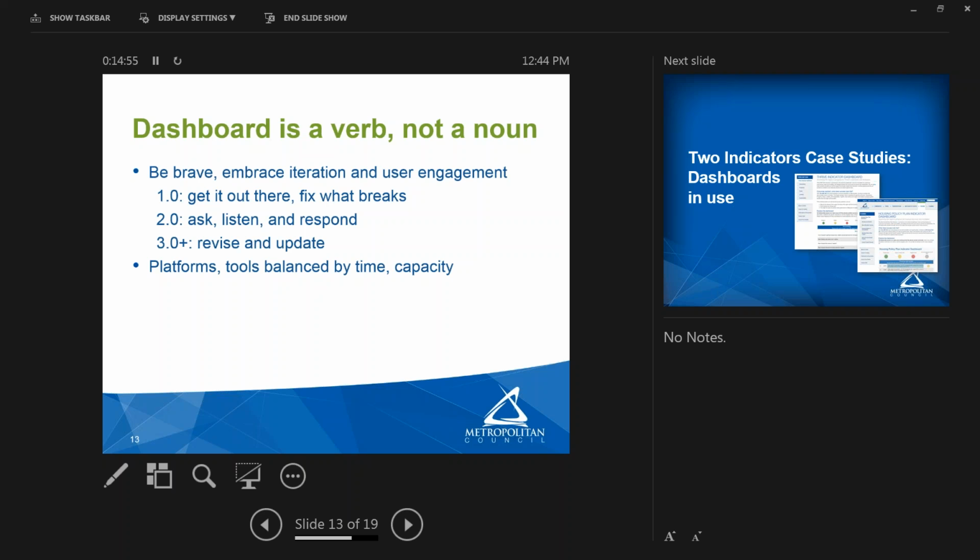And then of course practical considerations. So what platforms or tools are you going to use to deploy this information and host it, and balance by time and capacity. So for example, our dashboard visualizations are built in Tableau. This is the first time the Metropolitan Council had used an external facing Tableau visualization, and so that in and of itself was a great reason. We thought the dashboards were a great vehicle for that.